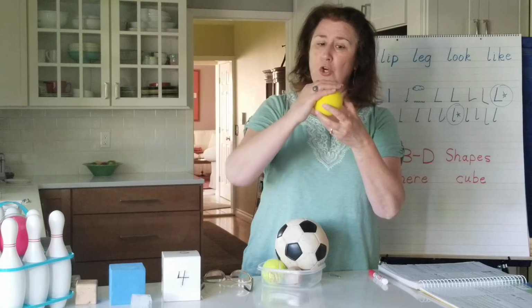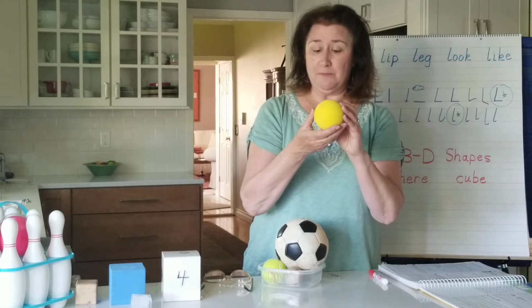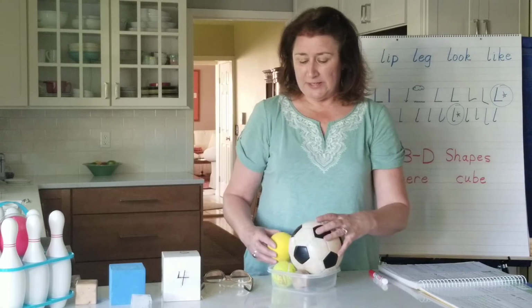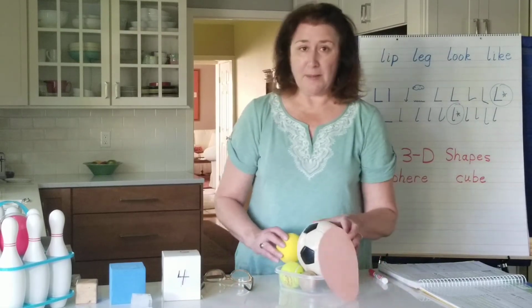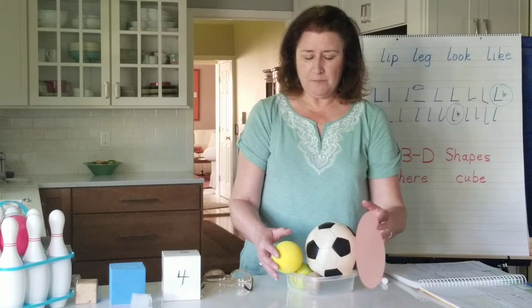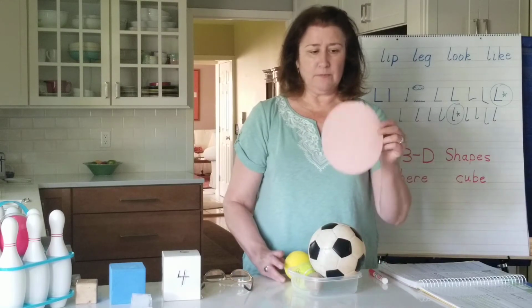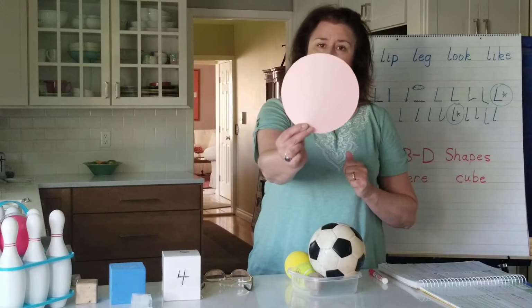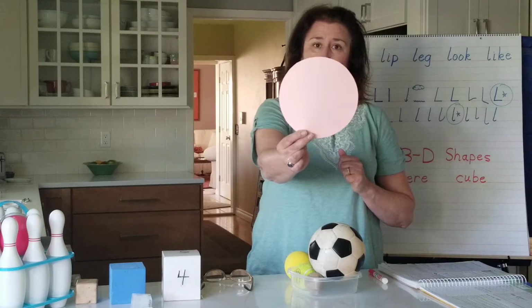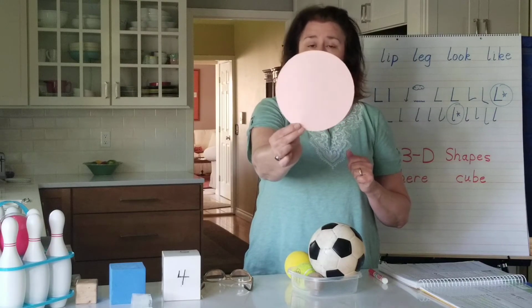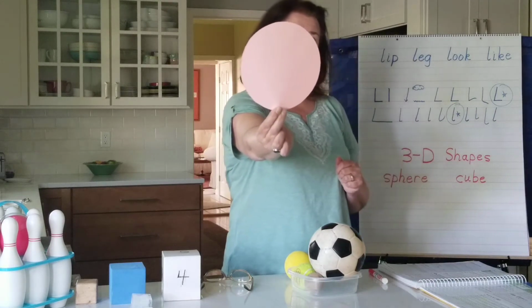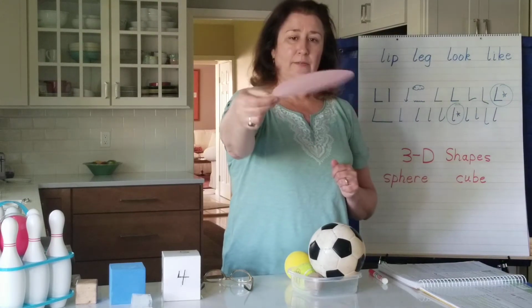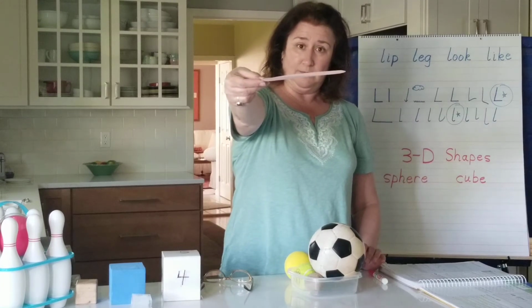It's a curved object. Now, it's a little bit different than in the fall when we were learning about our plane shapes or our flat shapes. We talked about this shape right here. What is this shape? Yeah, this is a circle, isn't it? Nice pink circle. But this circle is flat, okay?